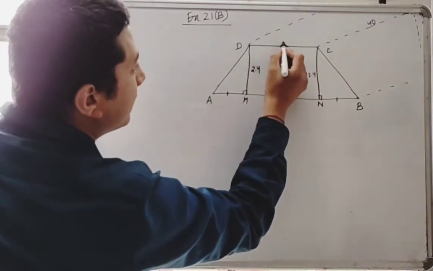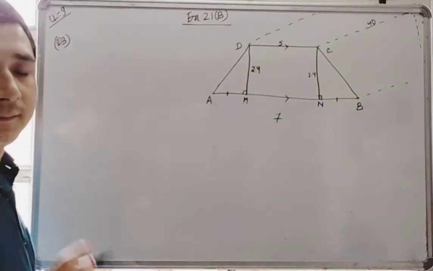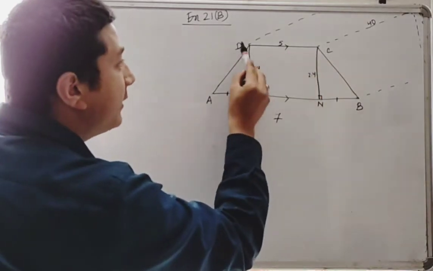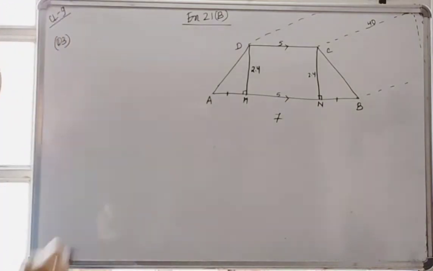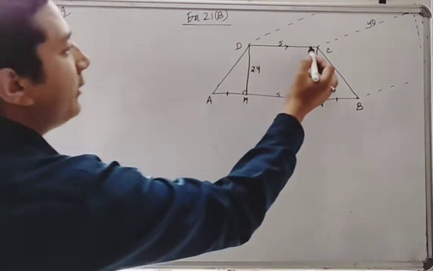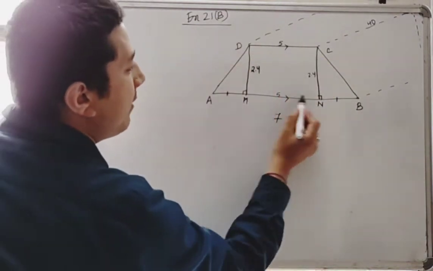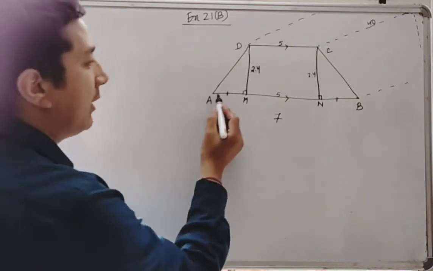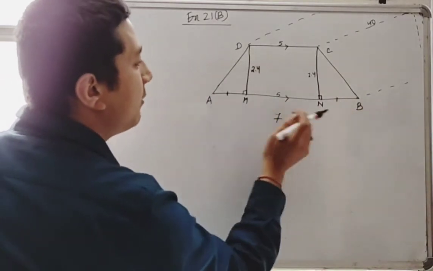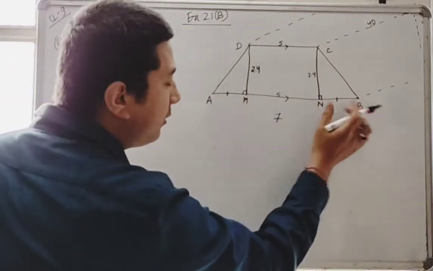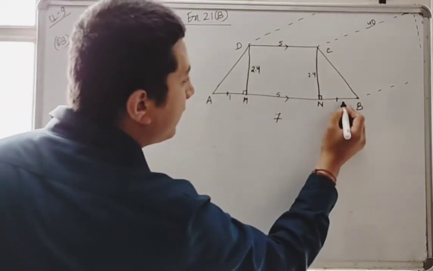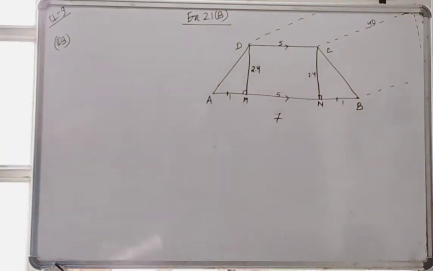C to D is 5. Clear with this? If CD is 5, then MN will also be 5. But I know as a total it is 7. So if from here to here it is 5, and these two lengths are equal, then this will be 1 and this will be 1. Am I clear with this or not?